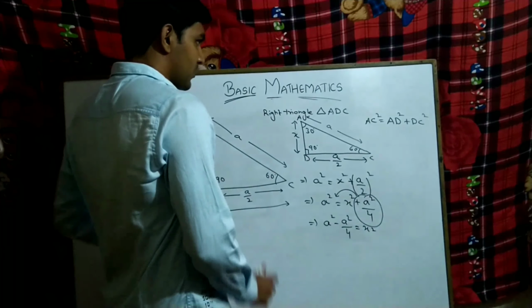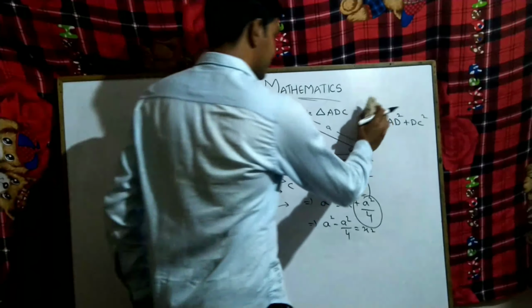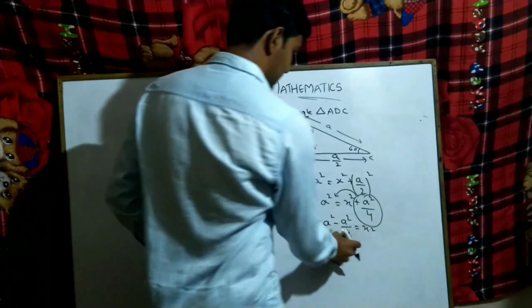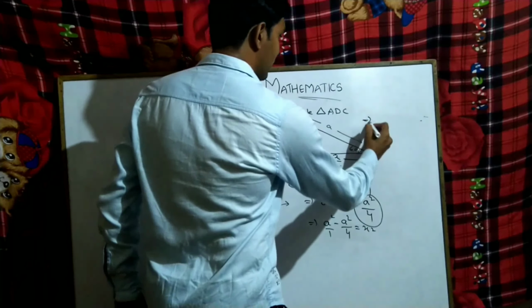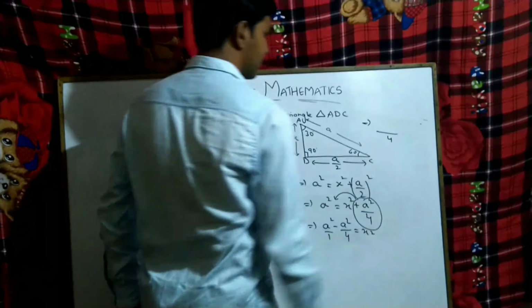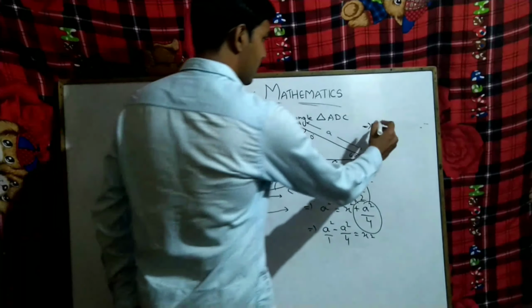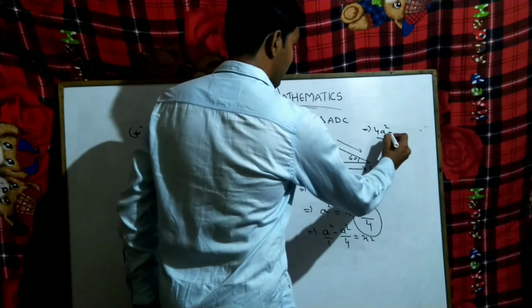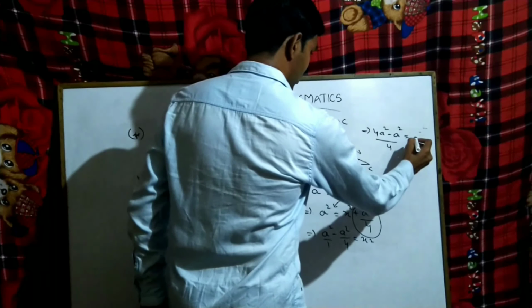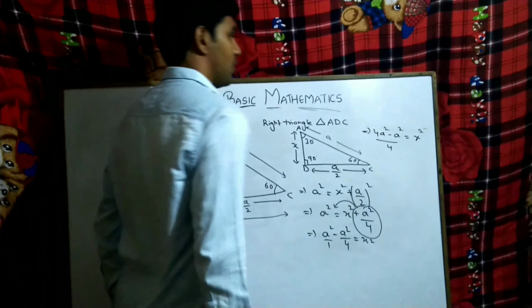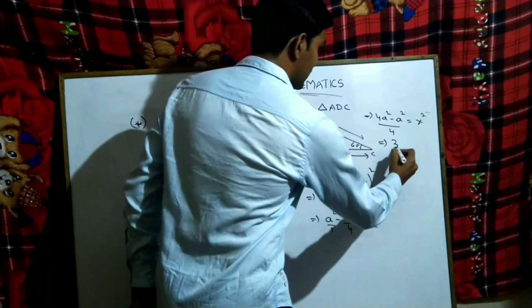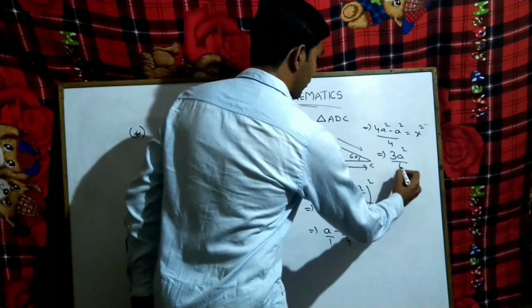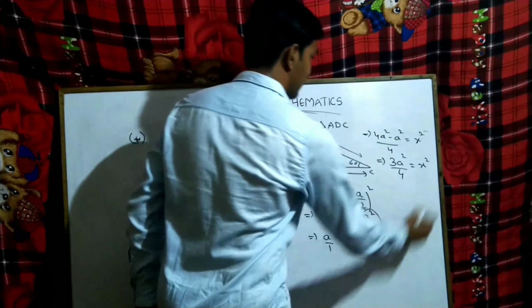Clear everyone? Now I will write this here. Now take the LCM. The LCM of 1 and 4 will be 4. So 4A square minus A square is equal to x square. Now 4A square minus A square comes to 3A square by 4 is equal to x square.